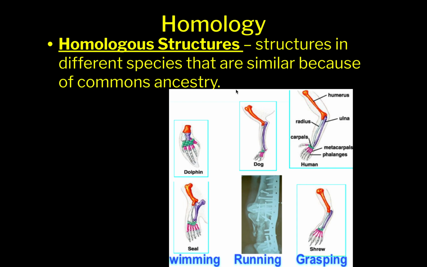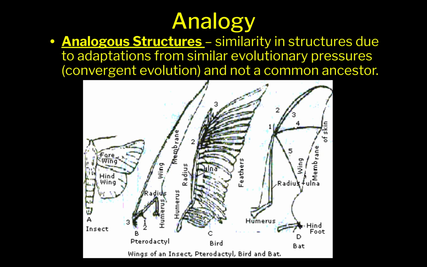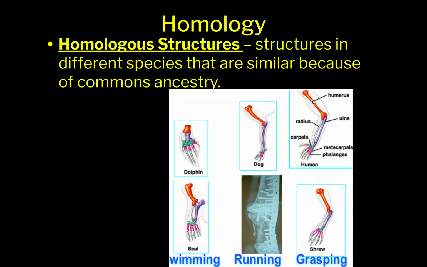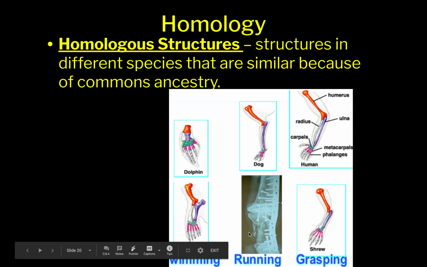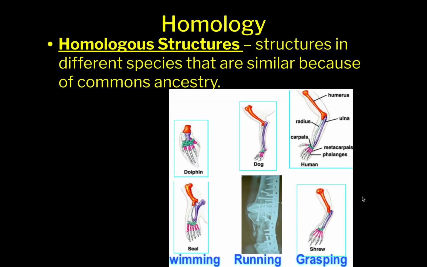Check it out again. Here is our arm, and our arm has the exact same bones as everybody else in this picture. They're all the same: the humerus, the ulna, the radius. But they're doing different things. The function is different.